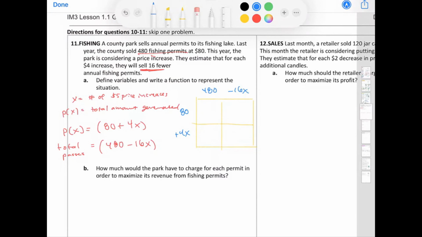So 80 times 480, and 16 times 80 is going to give me negative 1280x, 1920x, negative 64x squared.